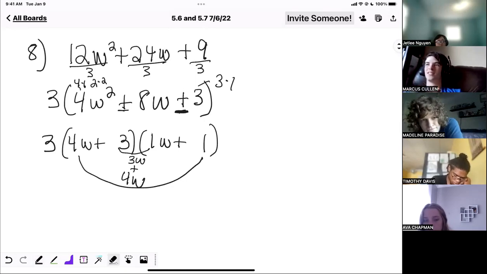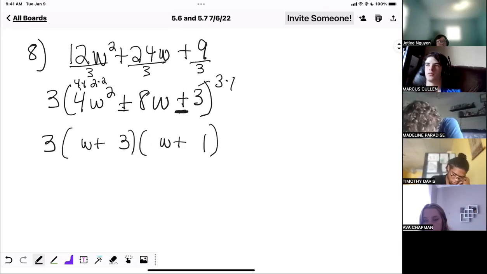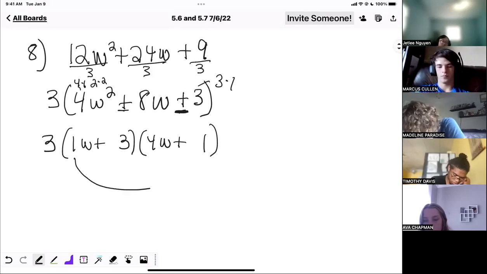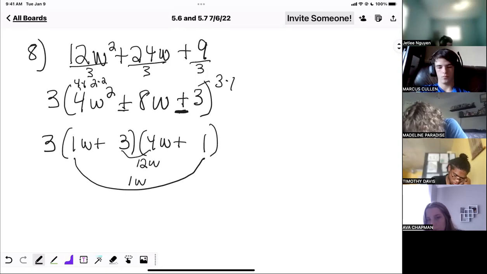Okay, so since it's close, let me switch to 1 and 4 and see if I can get it. I tell you it's not going to work because 1 times W is 1W, and this would be 12W, and that's too much. That's 13. So now that I tried 1 and 4 in 2 different spots, I'm going to get rid of 1 and 4, and I'm going to try 2 and 2.